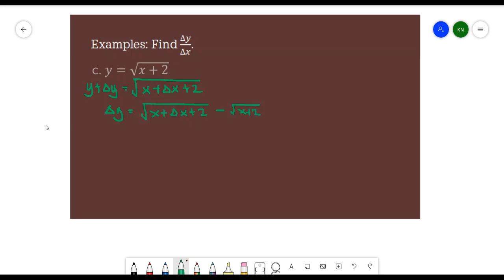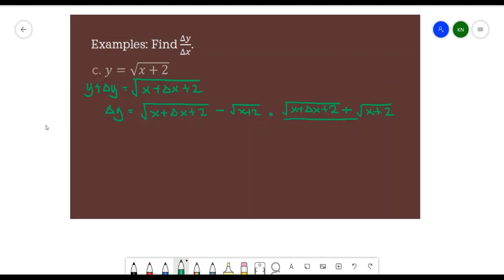So afterwards, since we cannot do anything about this anymore, what we need to do is at least cancel the radicals. So we can multiply that by the conjugate of this function. The conjugate of this one is square root of x plus delta x plus 2 plus square root of x plus 2.